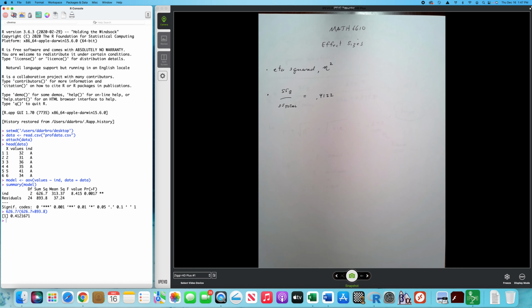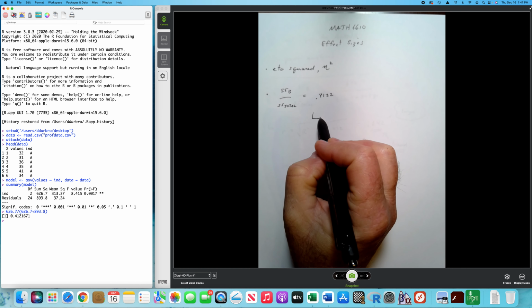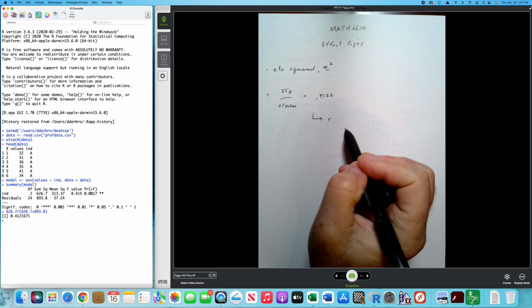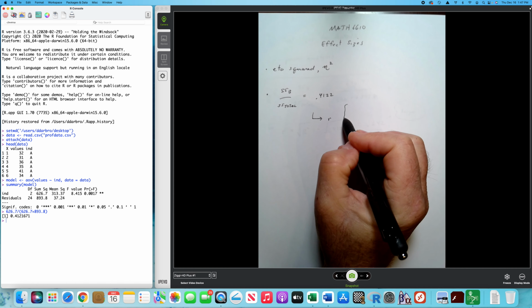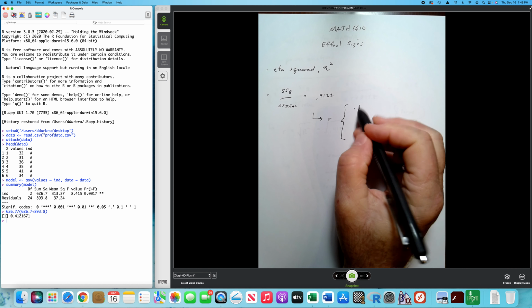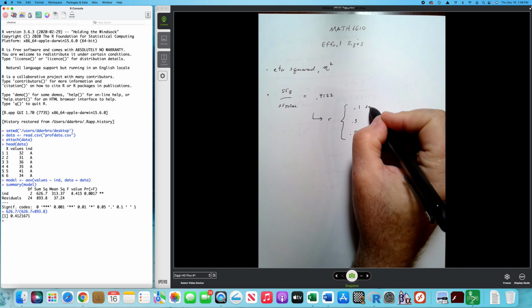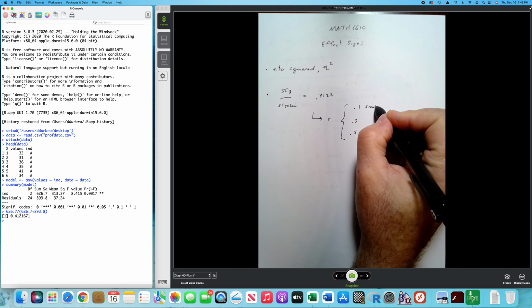Now, to change this into what we need, the effect size r, because for r we have this standard of 0.1 to 0.3 to 0.5, where this is a small effect, this represents a medium effect, and of course this represents a large effect.